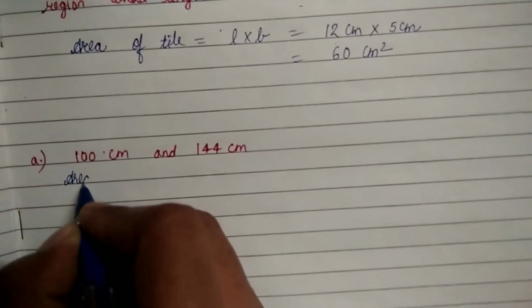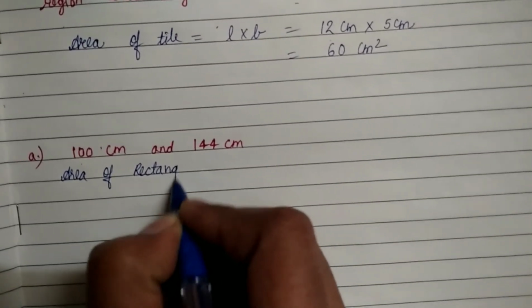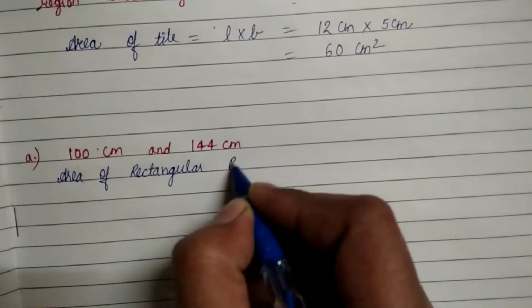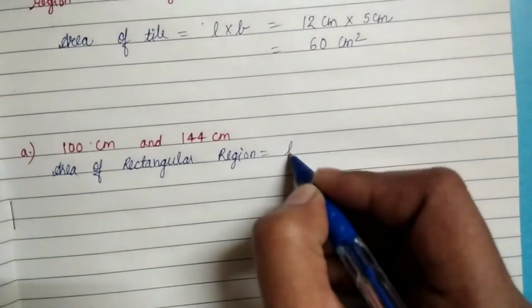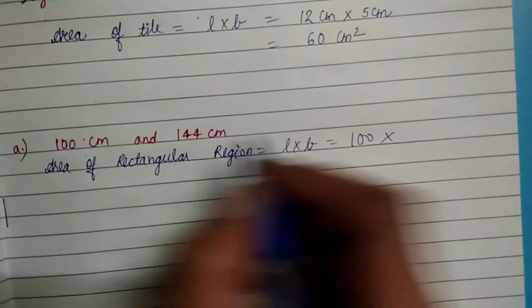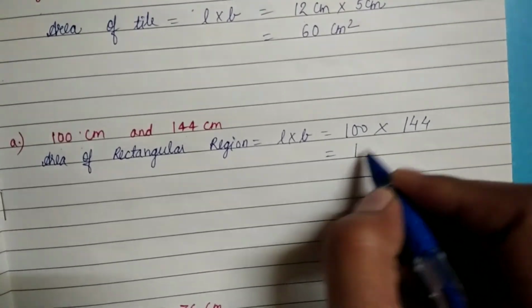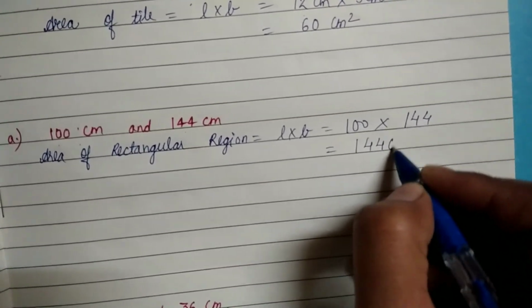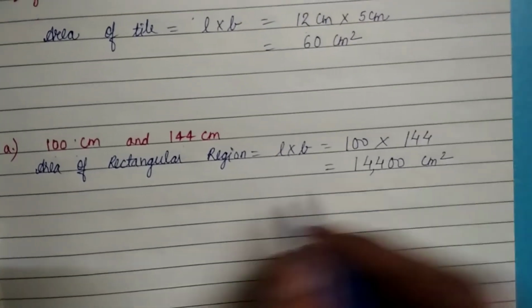So for the area of the rectangular region, it is length into breadth, where the length is 100 and the breadth is 144. When you multiply 144 by 100, you will get 14,400 centimeter square.